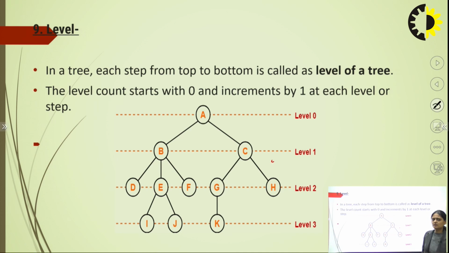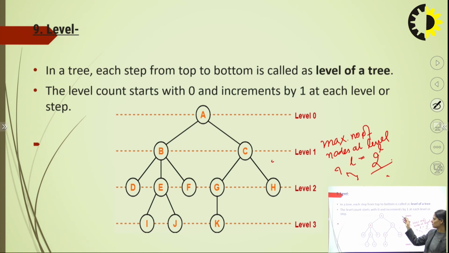So, in general, we can say that the maximum number of nodes at level L is equal to 2 to the power of L. So, over here we can see 2 to the power of 0, 2 to the power of 1, 2 to the power of 2, 2 to the power of 3.